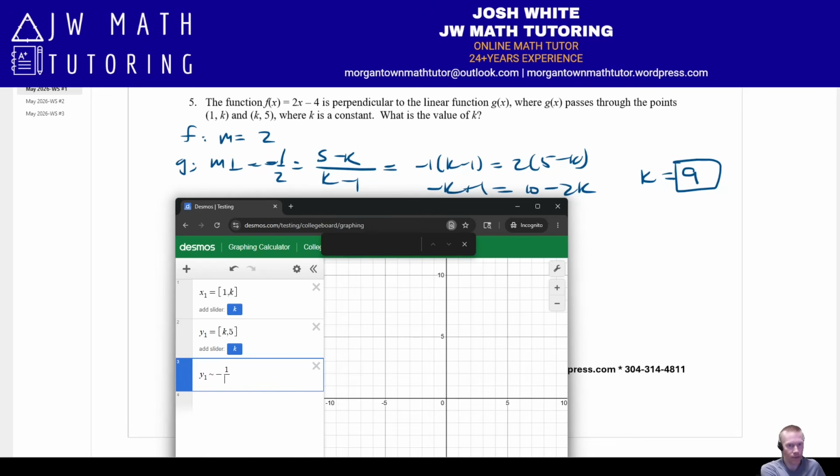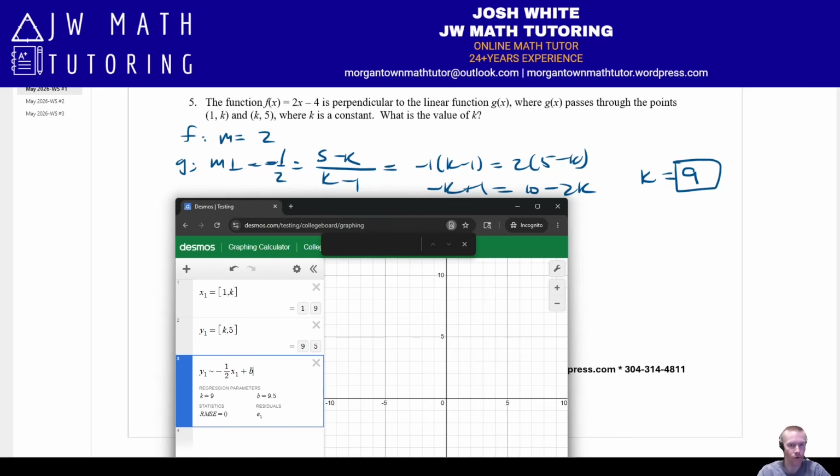We know the m is negative 1/2 because it's perpendicular, plus b. And notice when I do that, not only does it solve for b, which we don't need or care about, but more importantly, it solves for k. The value of k is 9. Therefore, the correct answer to this problem is 9. This is how you could do the entire problem in Desmos.